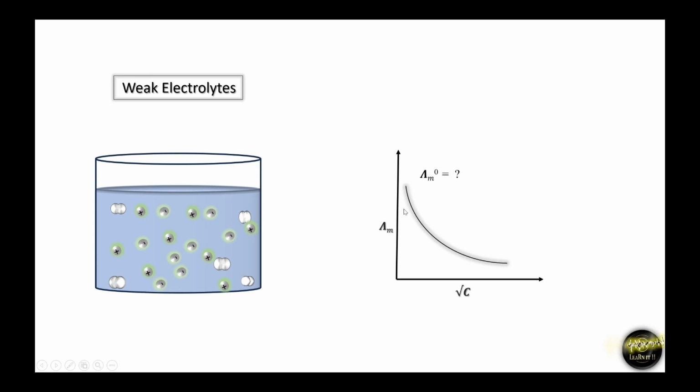Now the question comes, where does this curve meet this axis, which represents molar conductance at infinite dilution? We want to calculate the molar conductance at infinite dilution, but we cannot calculate it directly by using Kohlrausch law.